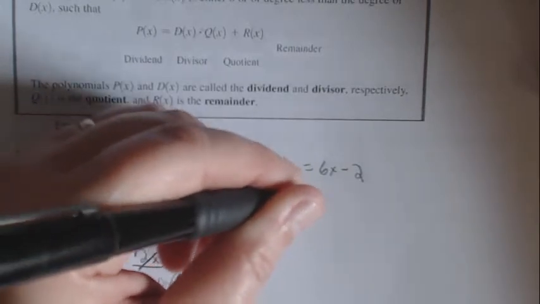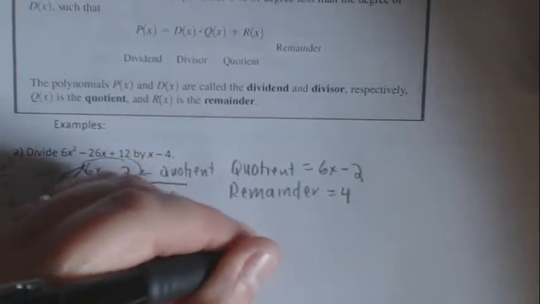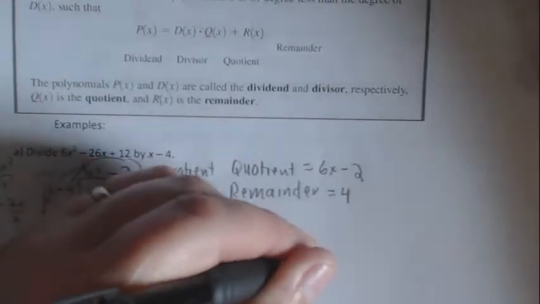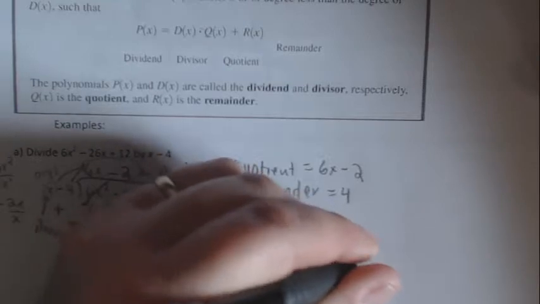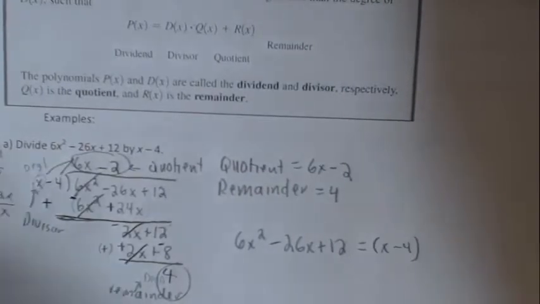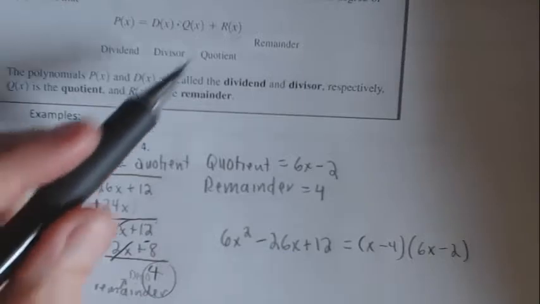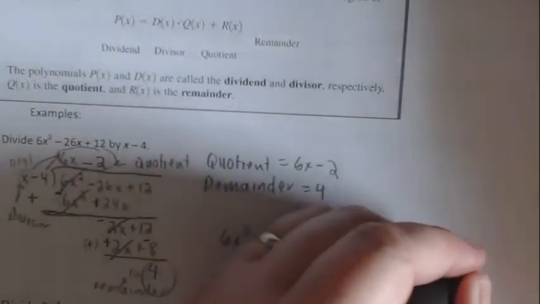Or you could use the division algorithm, which says that this polynomial that you started with, 6x squared minus 26x plus 12, is equal to the divisor, which is x minus 4, times the quotient, which is 6x minus 2, plus the remainder, which is 4.